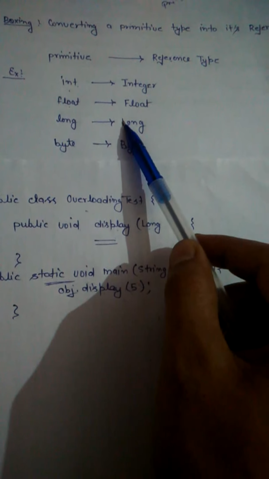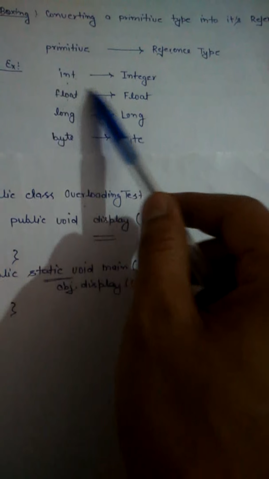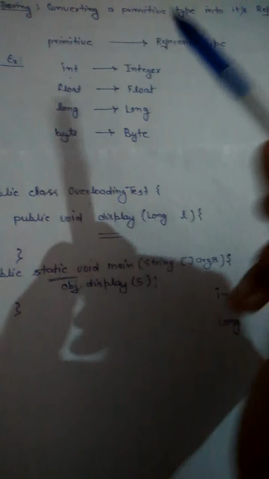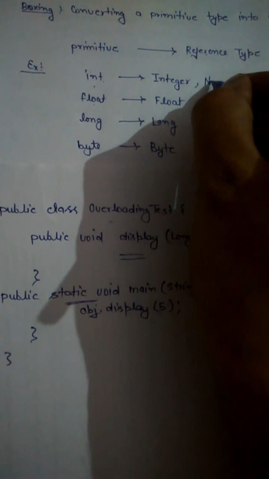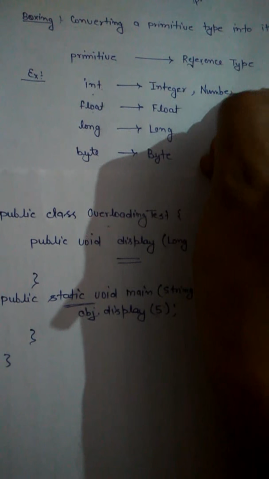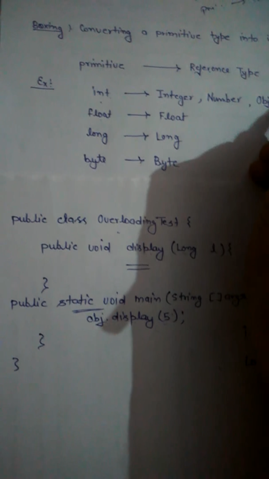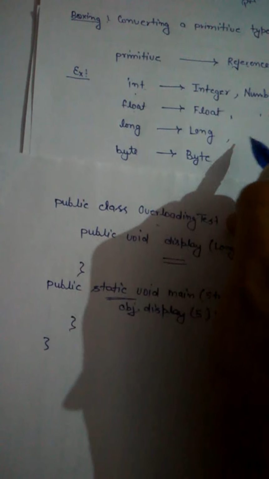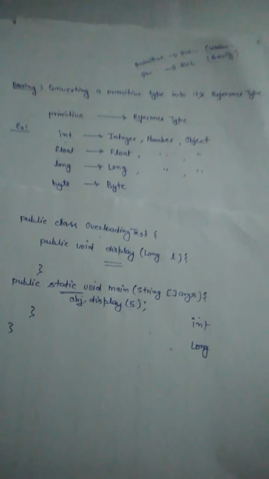There is another rule for this, which I'll discuss later. But an int can be boxed either into Integer, or Number, or Object, that is, into its parent types.